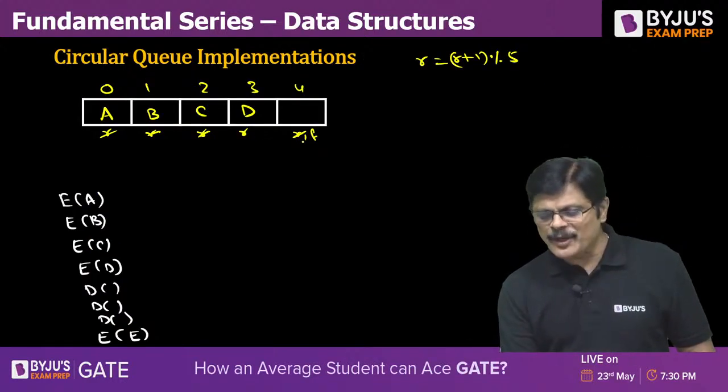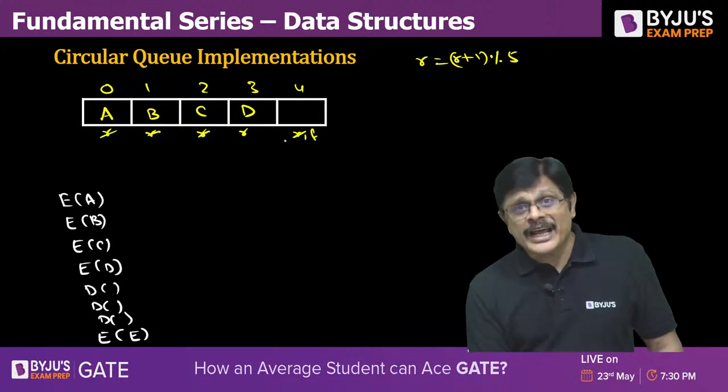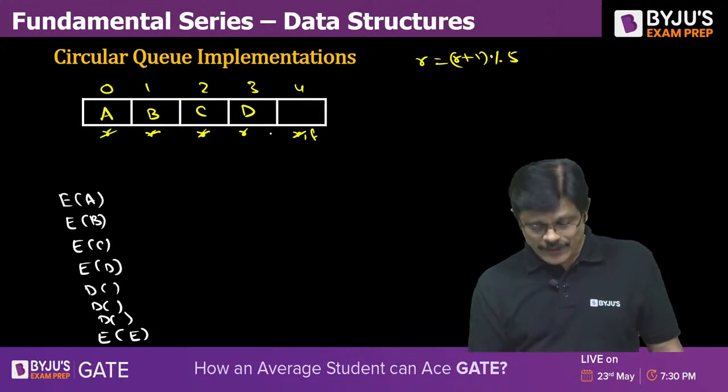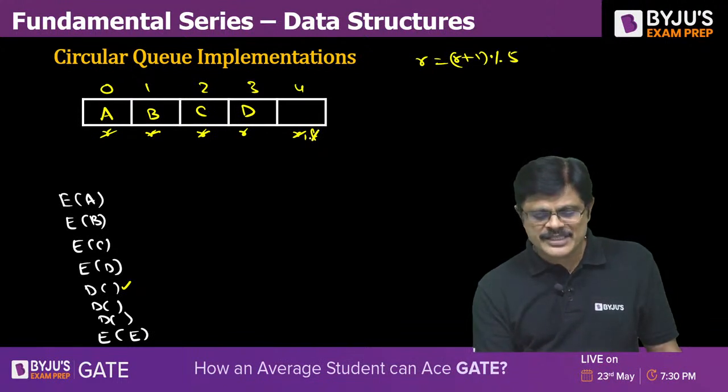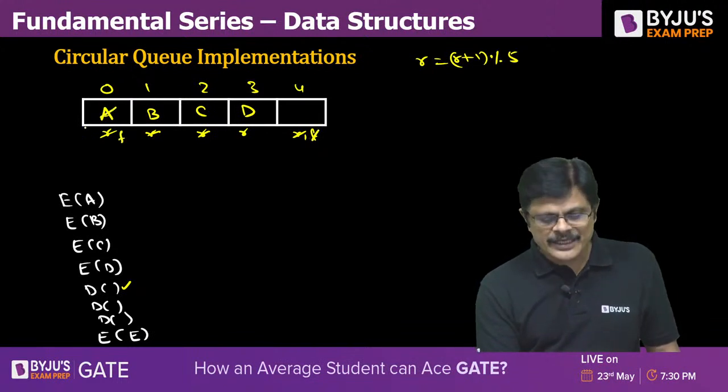So now, because front is equal to rear plus 1 modulo n, you can't do any more NQ, but DQ you can do. DQ means first front is updated, then you return the element.